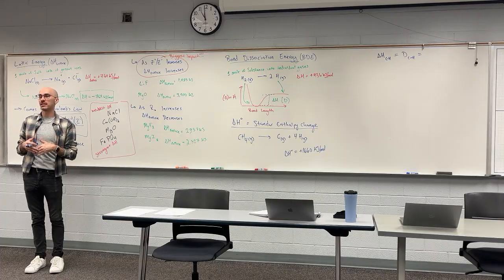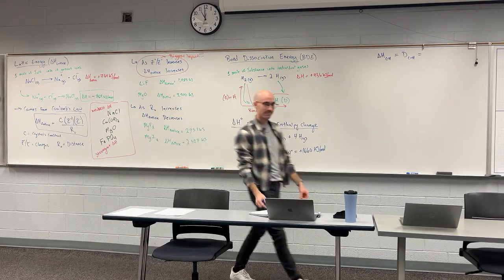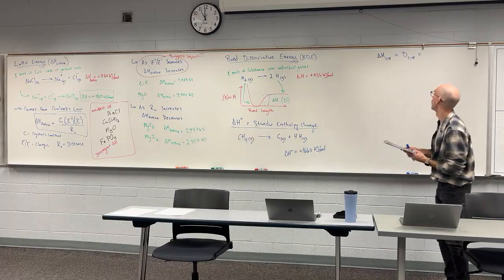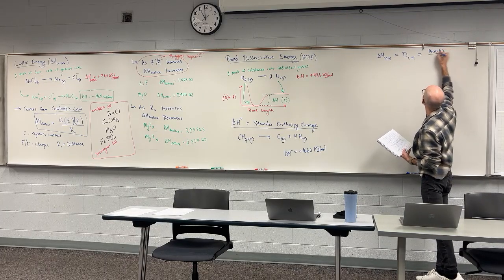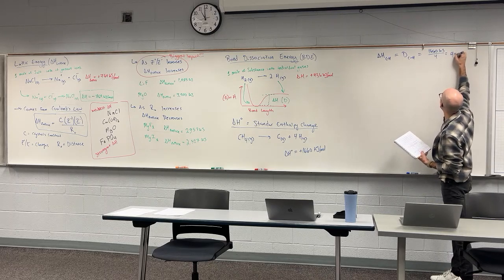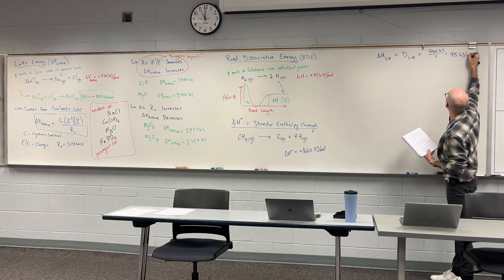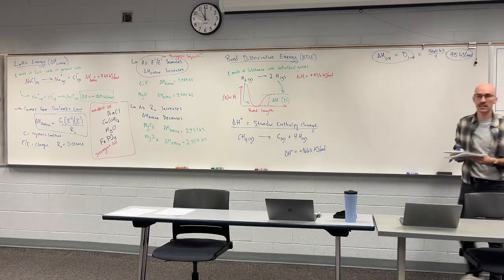How much energy would it take to break one? 415. Divide that number by 4. 1,660 kilojoules divided by 4 CH bonds. 415 kilojoules per mole for each CH bond.